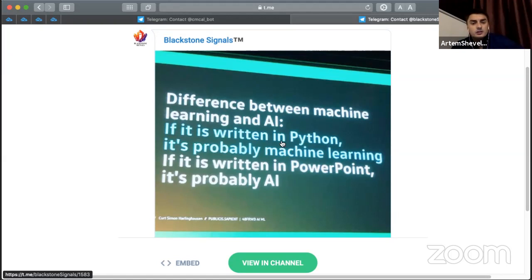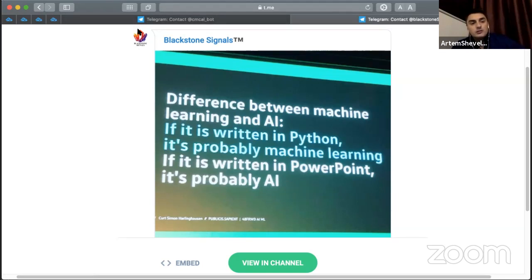If it's written in Python, it's probably machine learning. If it's written in PowerPoint, it's probably AI. So the basic thing about the projects using the words artificial intelligence and AI in their marketing strategy, they probably know nothing about real machine learning, right?